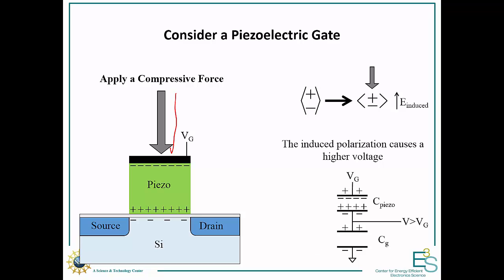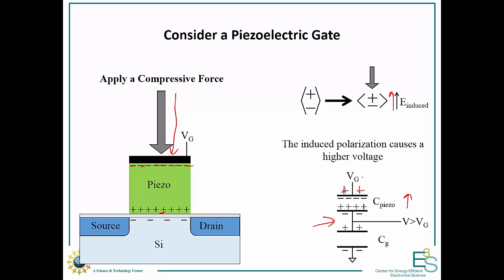Once we apply this compressive force, we induce a polarization charge, and this polarization charge will induce an electric field. And what's interesting is that this charge is actually greater than the external charge. Because of that electric field, we get a higher voltage in between the piezoelectric and the gate oxide than what we've applied on the gate. And so this is exactly what we want. We squeezed our piezoelectric, induced some charge, which is then creating a higher voltage than what we applied.